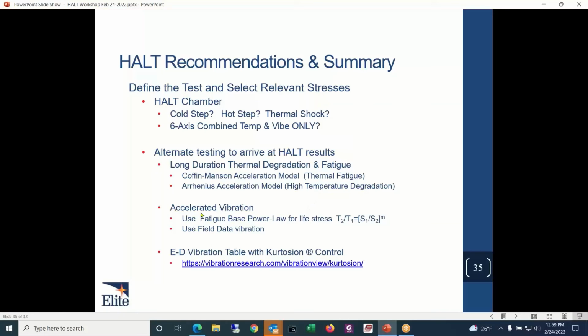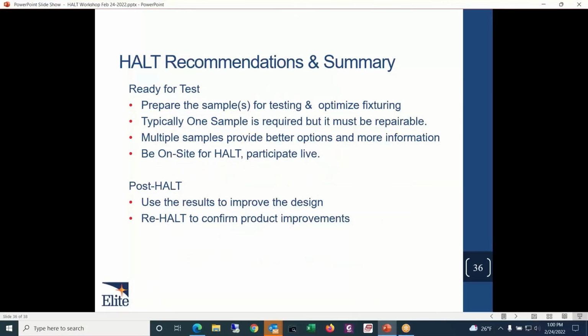You can also accelerate vibration by taking a field data vibration or maybe your qualification vibration test and just amplifying or increasing the level of that based on a power law stress life relationship. And as I mentioned earlier, here at Elite, we do have the ability to run an electrodynamic vibration test with Cartesian control, which tries to emulate the high acceleration vibration that you get with HALT, but it's basing that on perhaps the field data that you collect on your product.